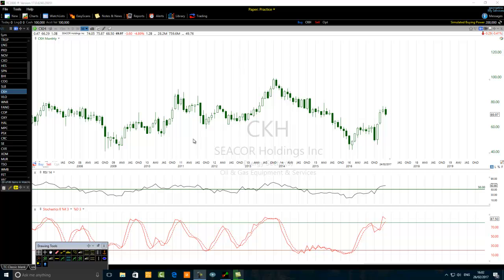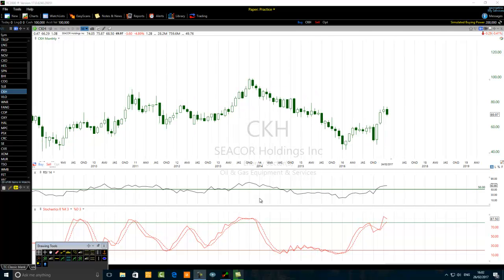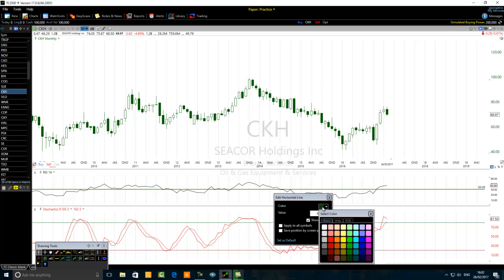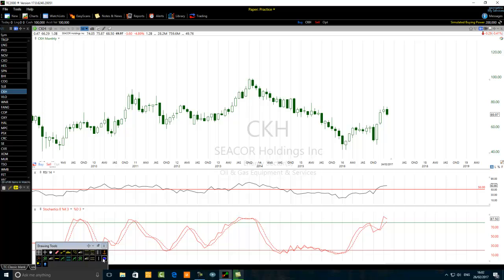The first thing that we are looking for is for the RSI to stay above 50. So I'm going to mark my level of 50 right here in red. You can see, I want you to pay attention to this section here, that the RSI is above the red line, above the 50.